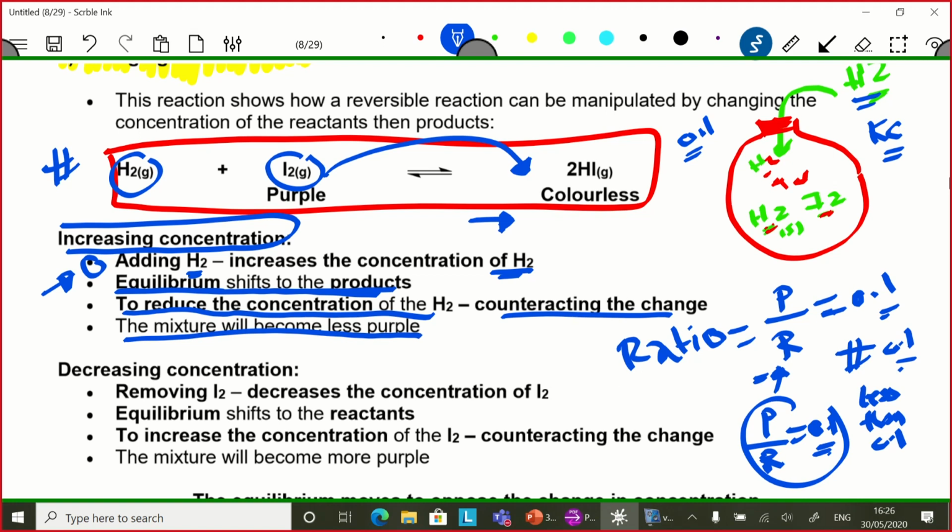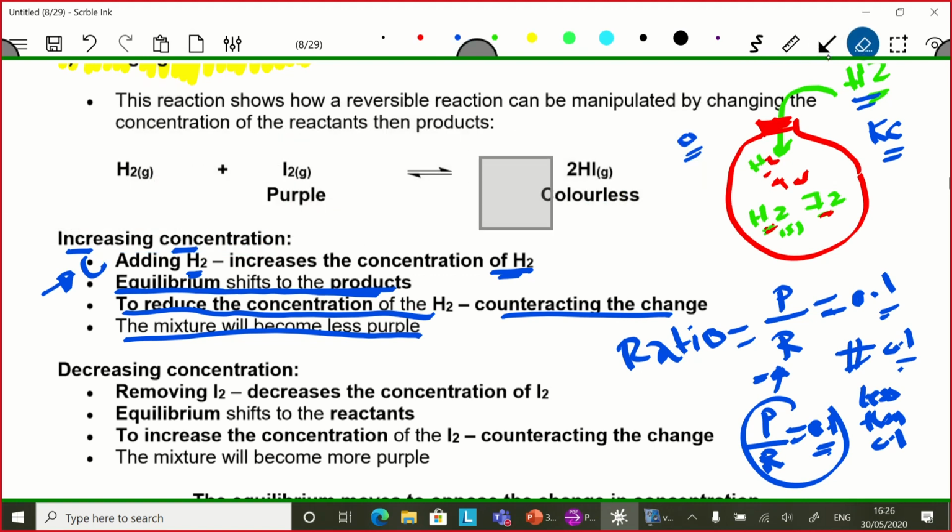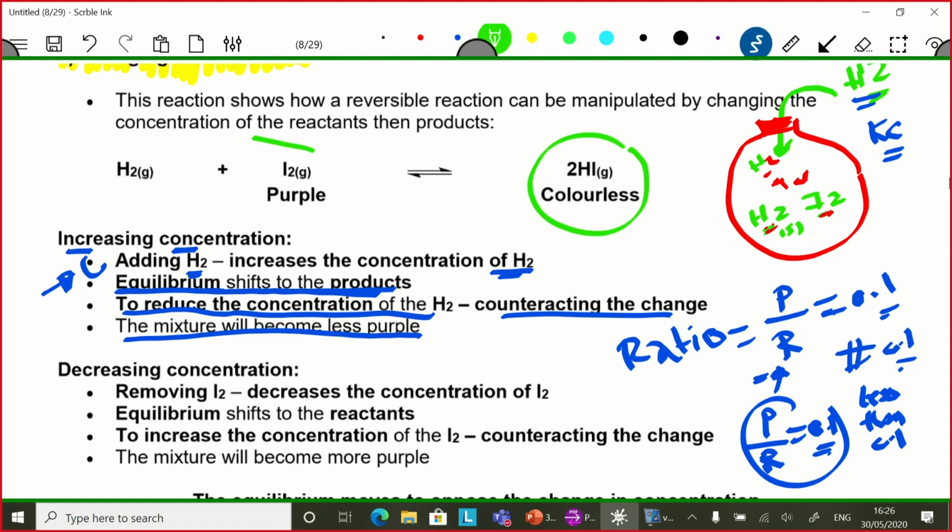The idea about the color is that these compounds here, the reactant and the product, are colored, isn't it? So if the amount of the HI is larger than the amount of the reactant, the mixture will have this color more than this color.